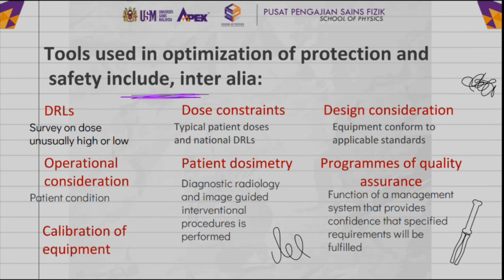Design consideration, basically calibration of equipment and programs of quality assurance for the equipment, to conform to applicable standards. Operational consideration is the patient condition, for example, maybe the patient is pregnant or breastfeeding or pediatric. Patient dosimetry is performed in diagnostic radiology and image guided interventional procedures.